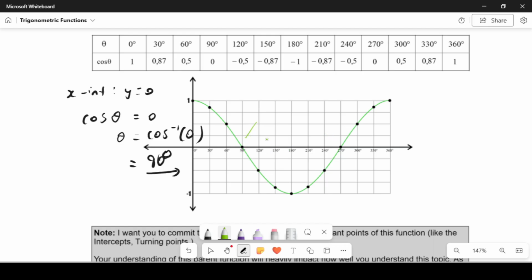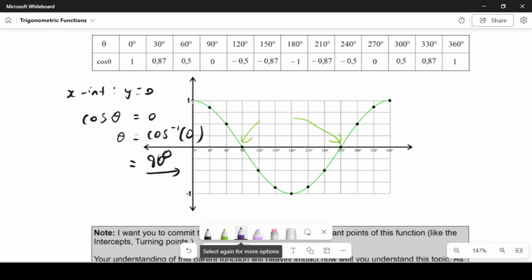Because the cos function behaves like this generally, the parent function, we need to know that it has two x-intercepts, one at 90 degrees and one at 270. There is no other way you master this but this way, okay? So you need to remember that.